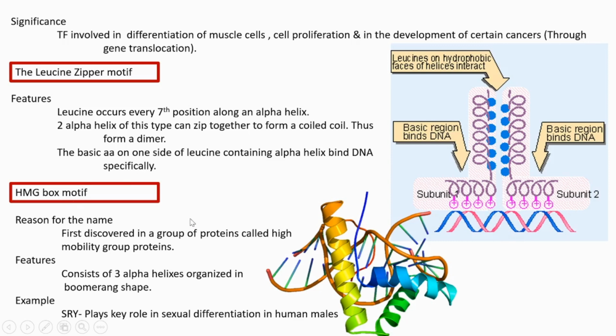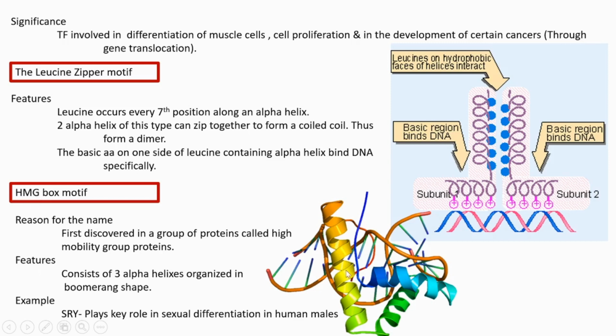Then the HMG box motif. The HMG box motif's picture is shown here. The reason why it got that name is because it was discovered for the first time in a class of proteins called high mobility group proteins. That's why it is known as HMG, high mobility group of proteins. What are the features?